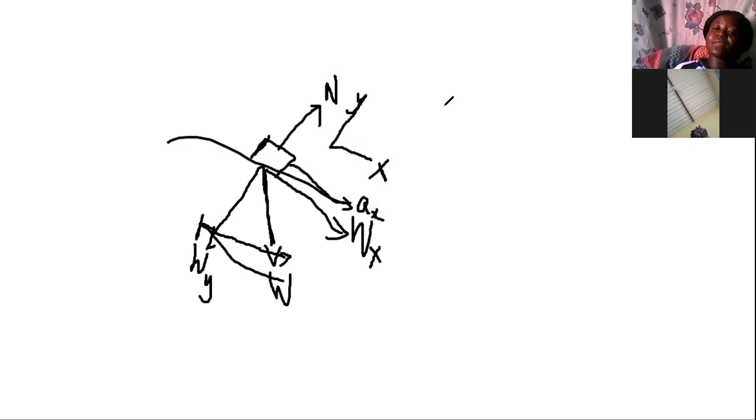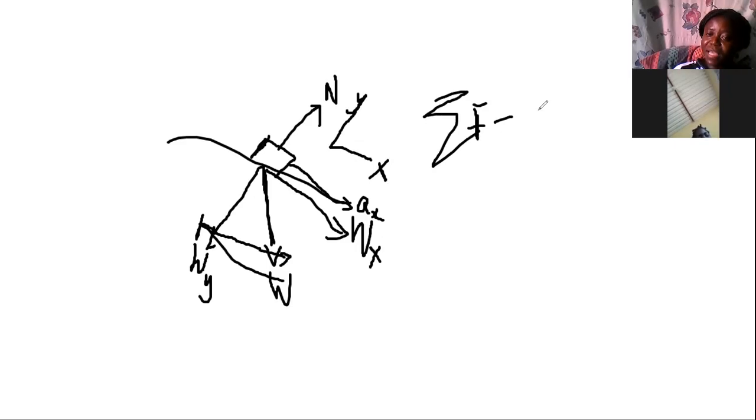Okay, so doing the summation of the forces in the horizontal, because now our concentration here is just the horizontal surface. The vertical one won't help us, we don't need anything from it, because we are only asked to find the acceleration the object will move with. So applying Newton's second law, the summation of the forces is equal to the mass times the acceleration.